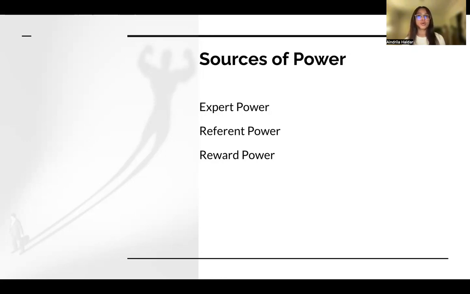Those who already have positions of power and a persuasive nature will be able to help the employees feel more comfortable with the change and be on board with it, rather than going through a longer time of resistance.